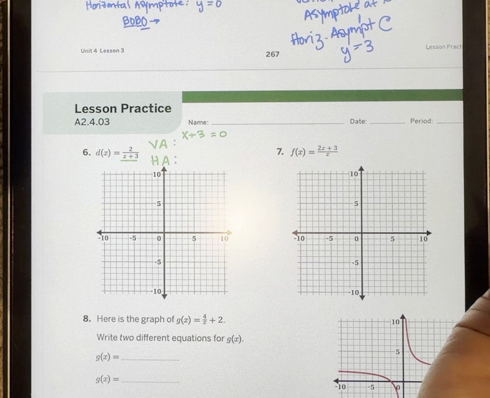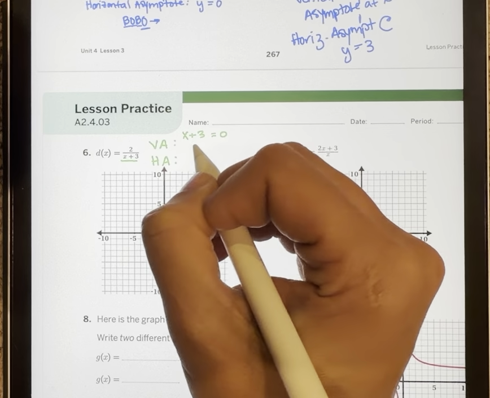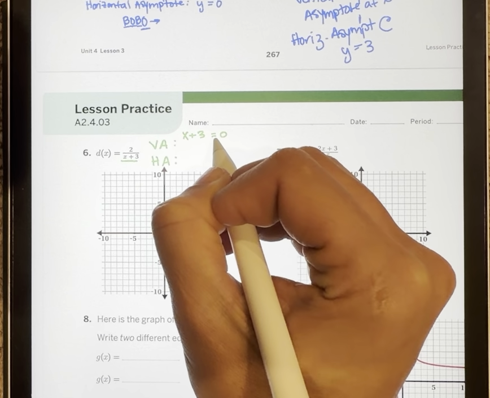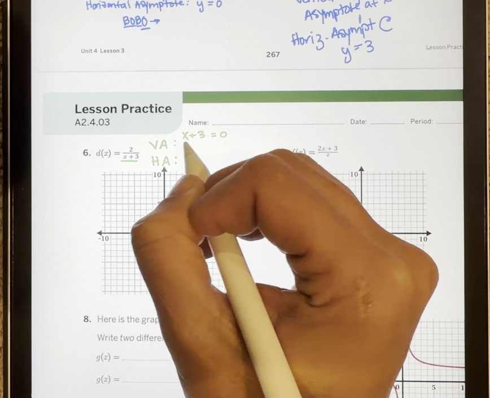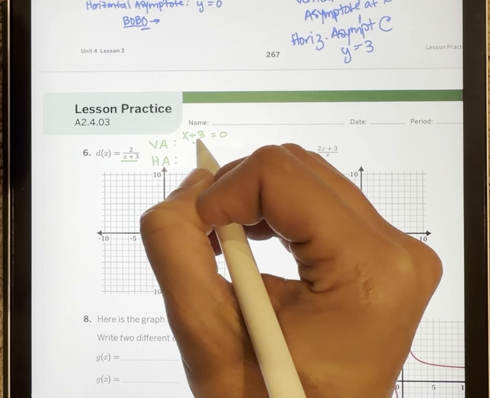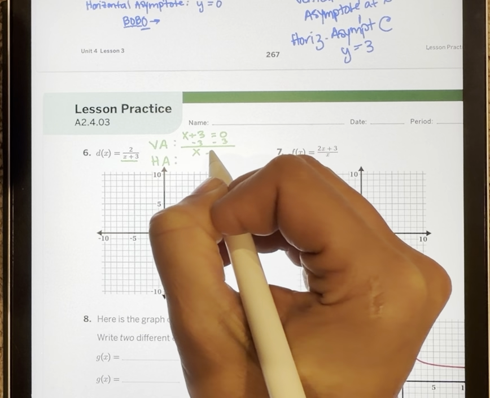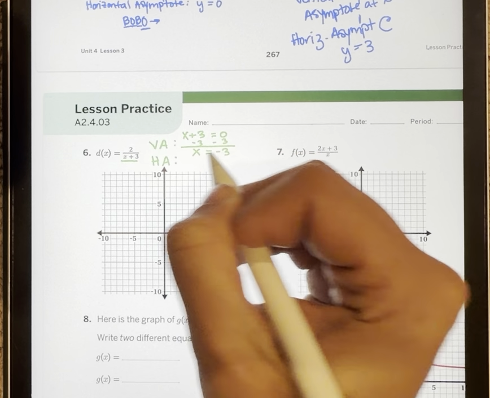So if you can easily identify that as x equals -3, glorious, good for you. If you cannot, don't worry, just solve. Write whatever's in the denominator equals 0 and solve it. Plus 3 means -3 on both sides, and I get x equals -3.